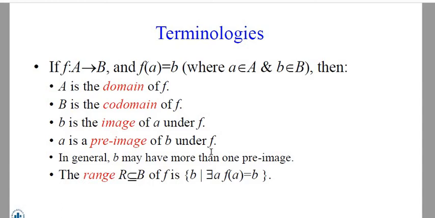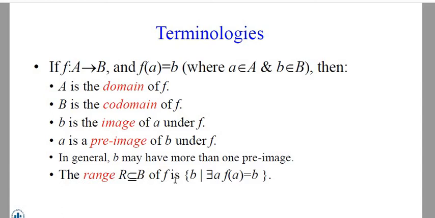In general, b may have more than one pre-image, and the range R is a subset of B. So we have seen what is meant by range and domain, right?